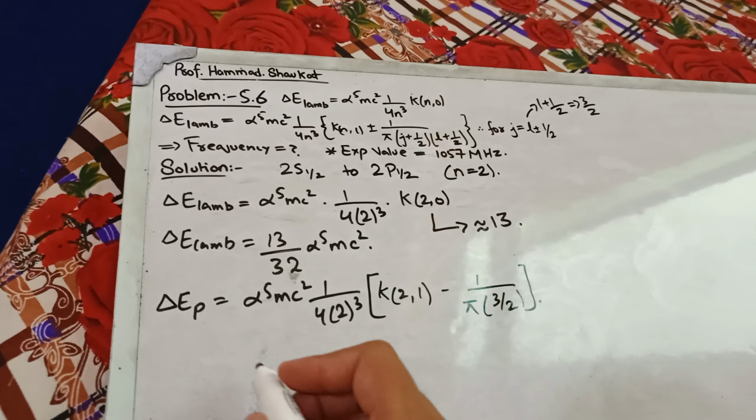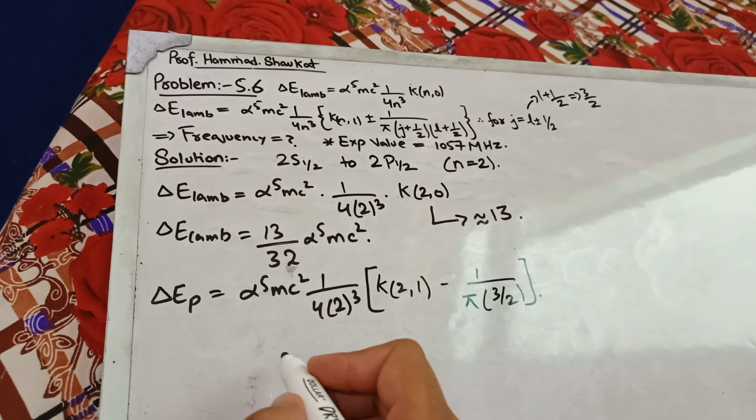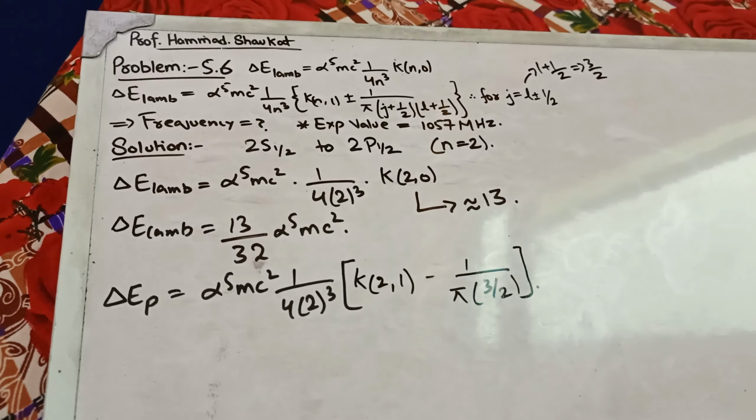Understood? Now you have to substitute. You also know that the value of k_21 is very small, less than 0.05, so you can neglect this.